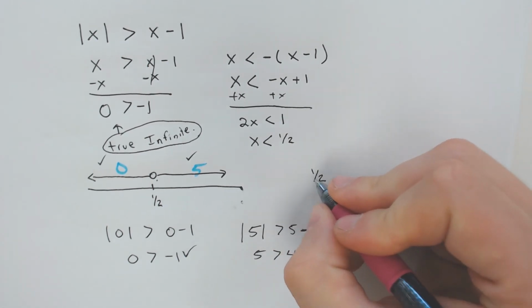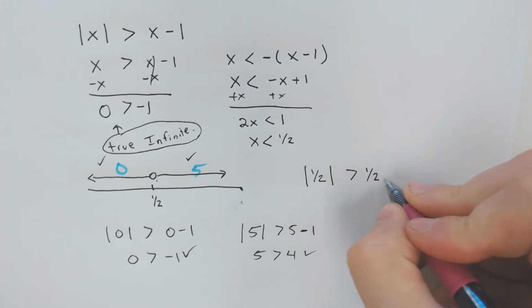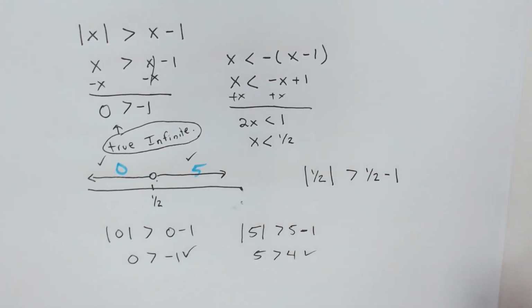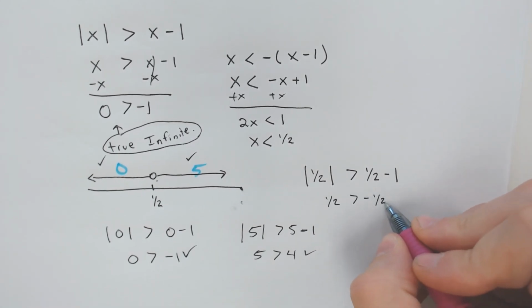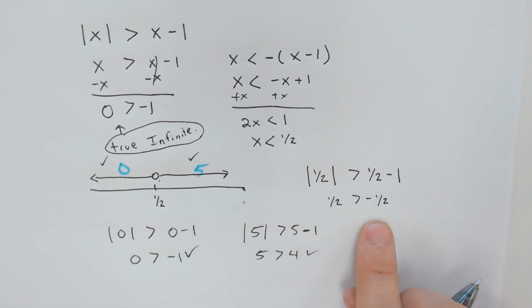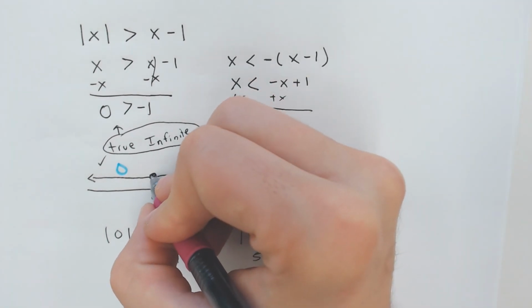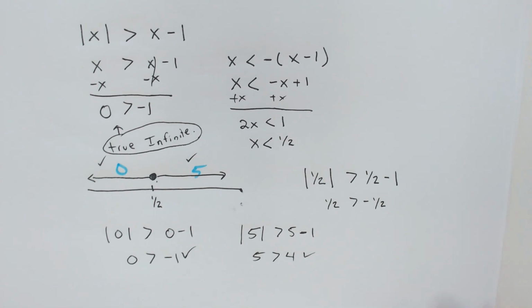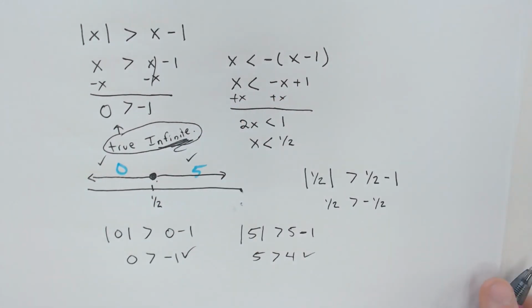If we plug in 1/2, the absolute value of 1/2, is that greater than 1/2 minus 1? And we get 1/2 greater than -1/2. Is 1/2 greater than -1/2? Yes. So that means even the 1/2 is included, and I kind of wasted about 20 seconds of our time because this is, in fact, infinite solutions.